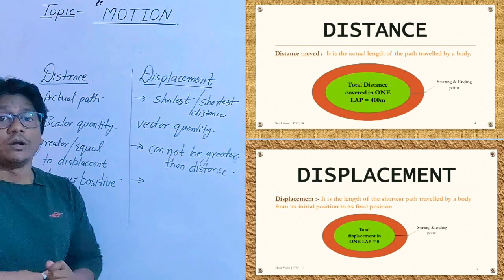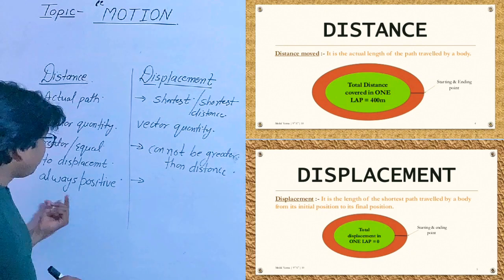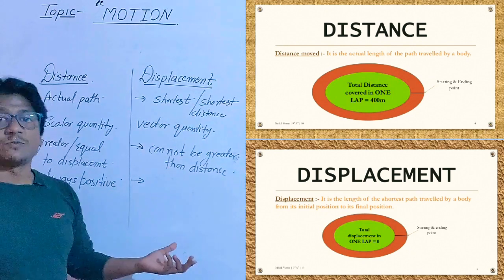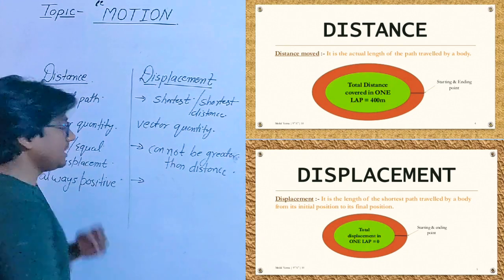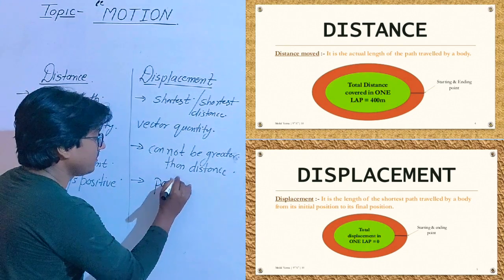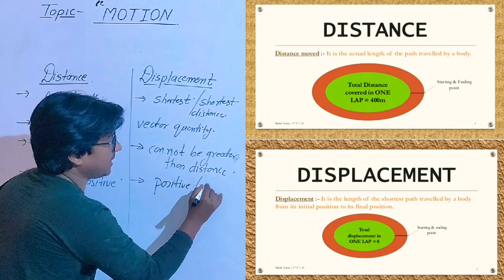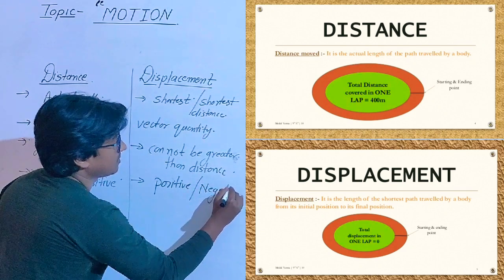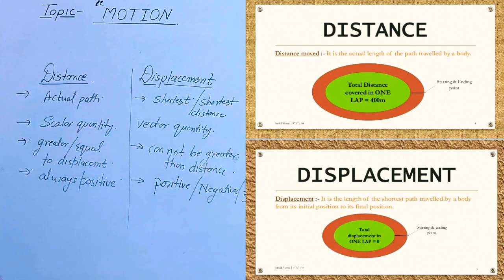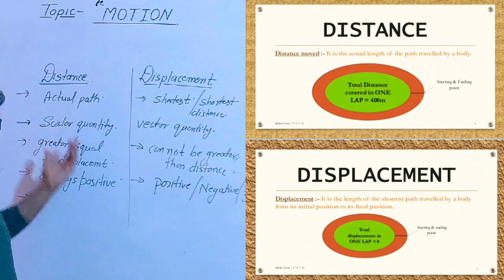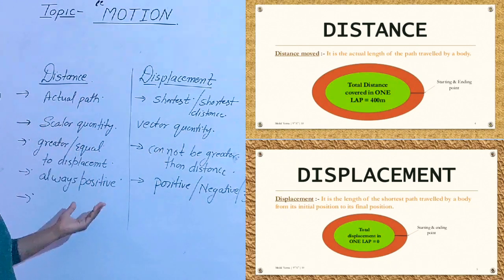And one thing more, distance can be only positive, but displacement can be positive, negative, as well as it can be zero. So these are the distance and displacement characteristics comparatively.